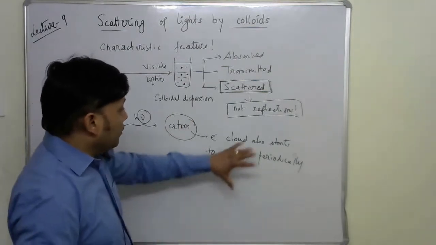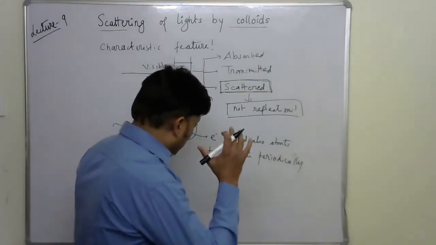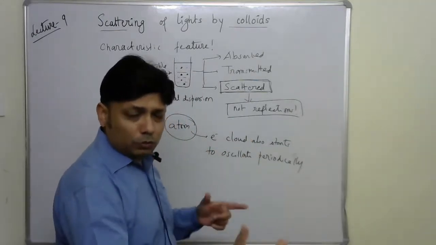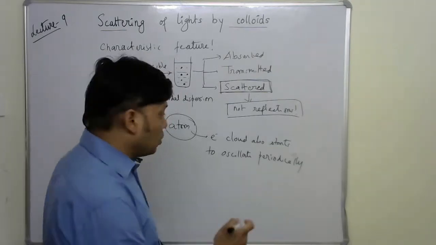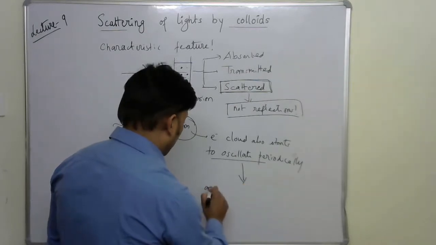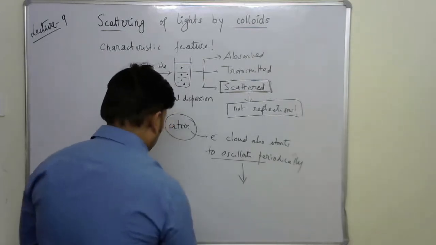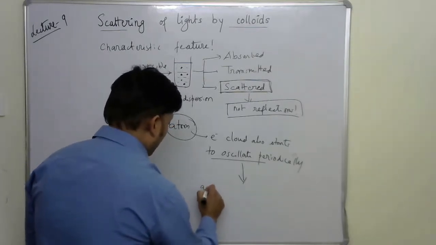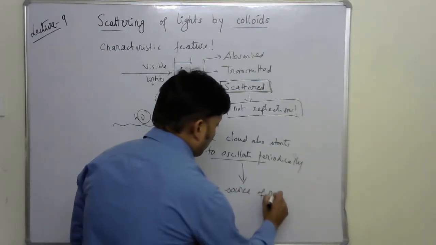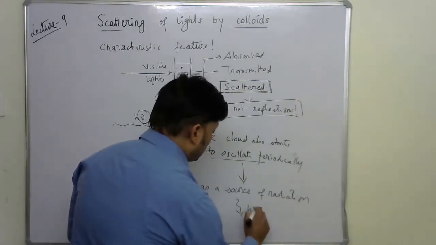Whenever there is a periodically oscillating electron cloud, that oscillating electron cloud would be a source of fresh new electromagnetic radiation. So that periodic oscillation would give rise to another radiation, and it would give off h nu prime.